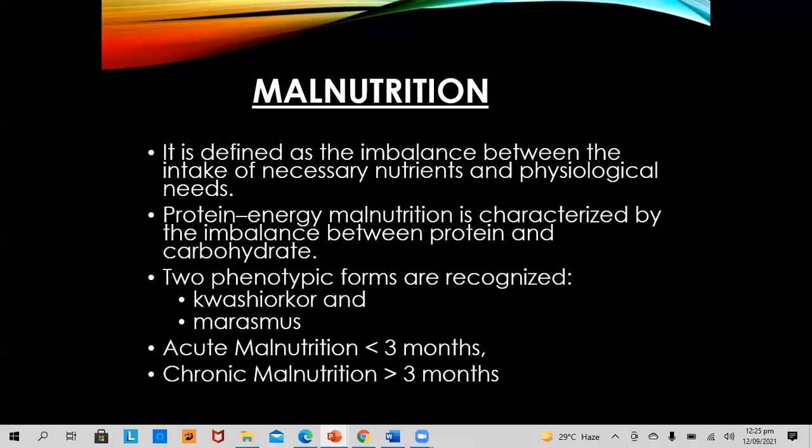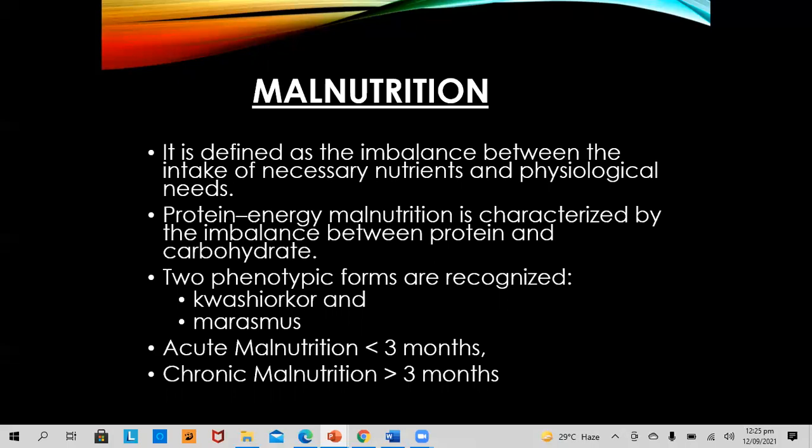Malnutrition. Malnutrition is a term used to define an imbalance between the intake of necessary nutrients and physiological needs. Protein energy malnutrition is characterized by imbalance between protein and carbohydrates.